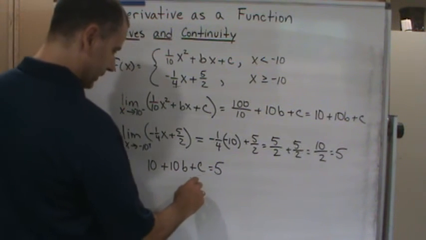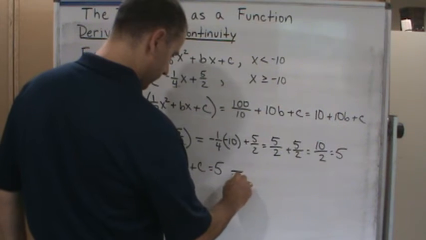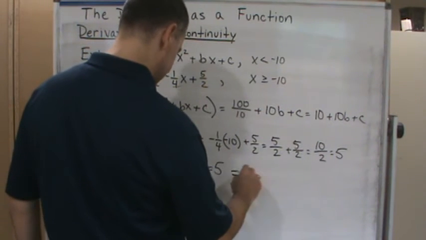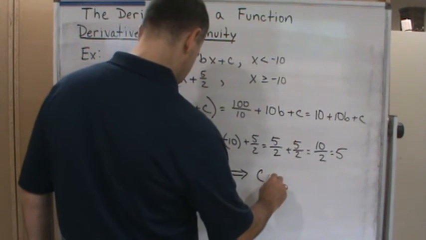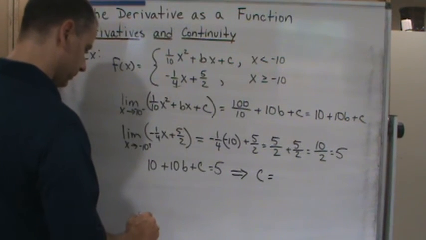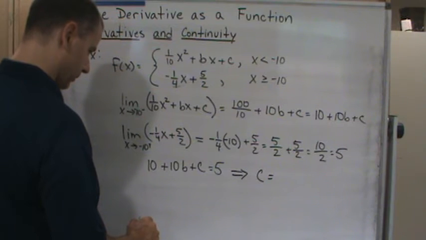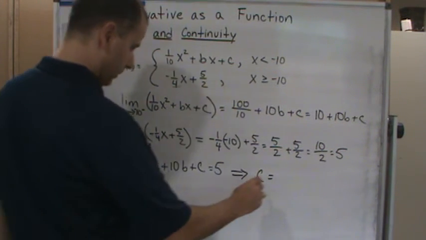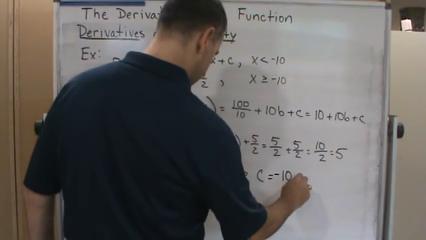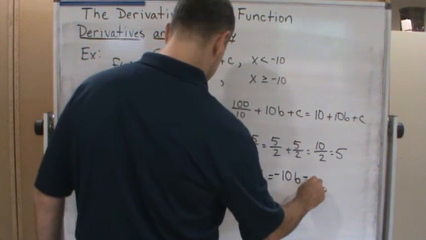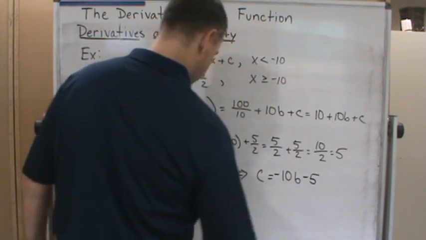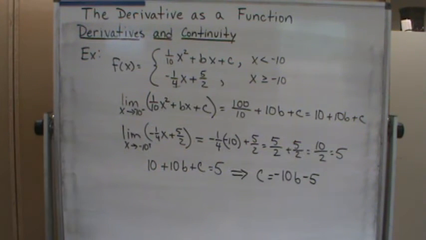So this implies that c is going to equal negative 10b minus 5.